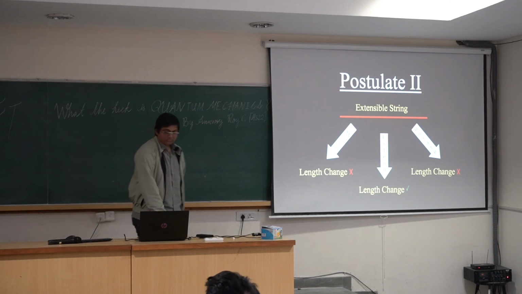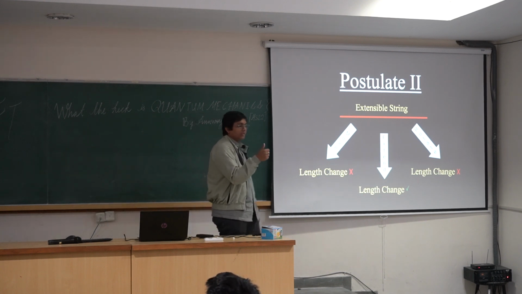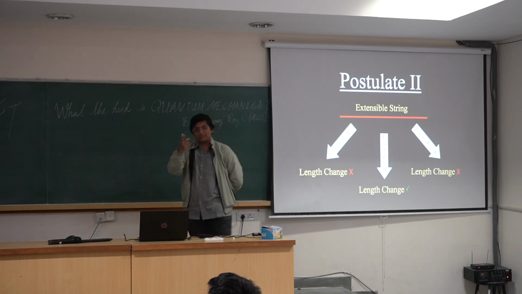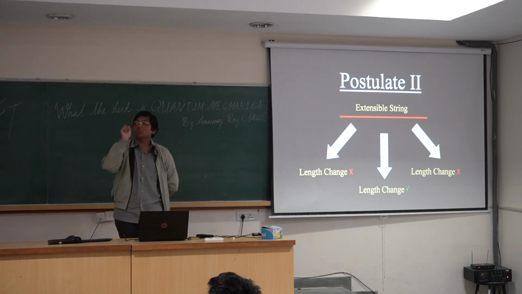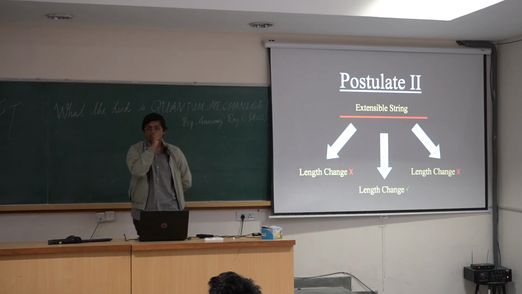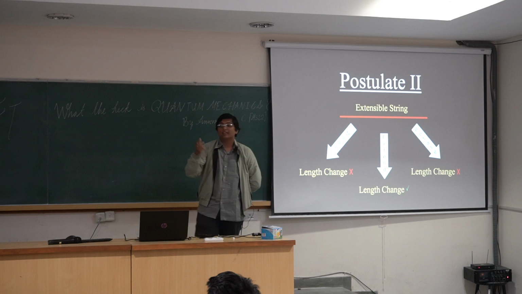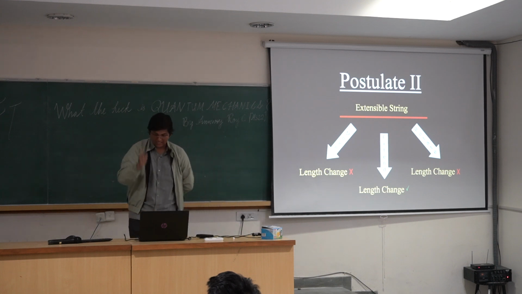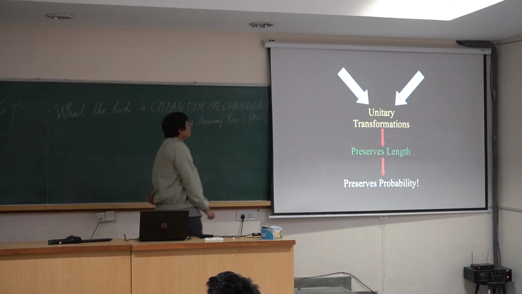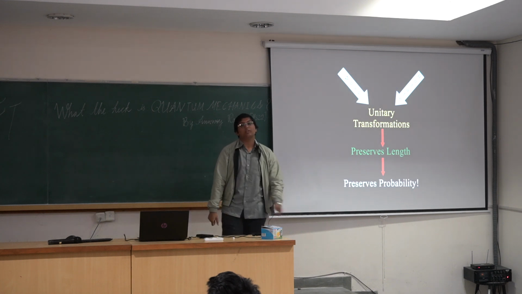Now see, in movement or rotation, the length of the string is not changing at all. It's just staying constant. But when you're extending it or compressing it, the length will change. So movement and rotation are called unitary transformations.